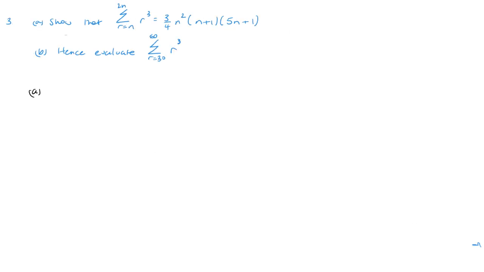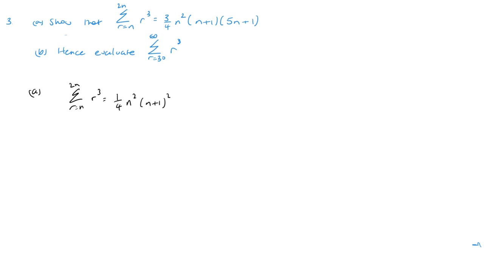Okay, part A. So this time we've got it between n and 2n of r cubed. So set this out like this. Sum of r cubed is 1/4 n squared, n plus 1 squared.